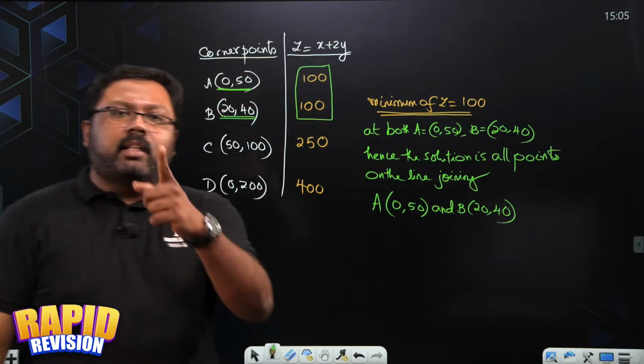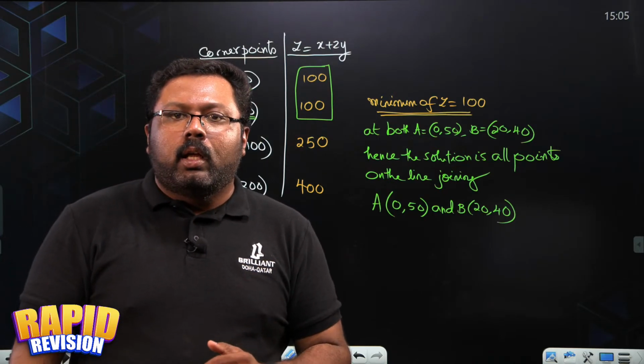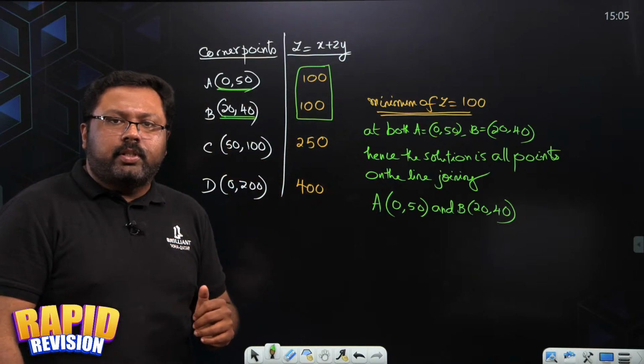My dear students, I'm expecting this question for the boards this time for 3 marks. LPP is 3 marks, we know that. The 3-mark question, subjective question for 3 marks, simply solve and get the solution to it.